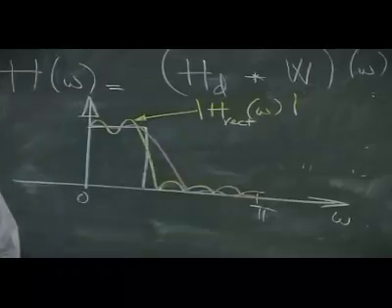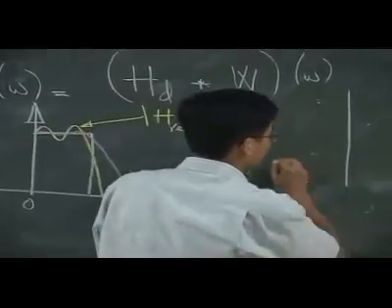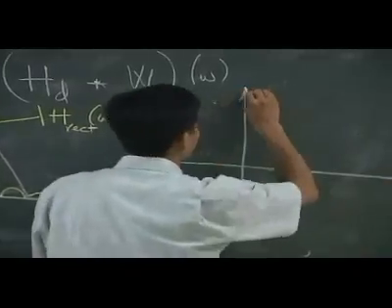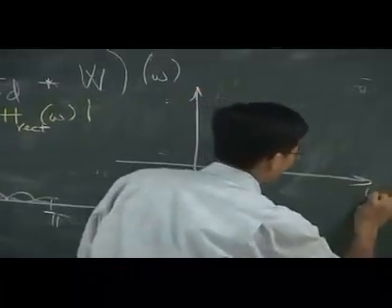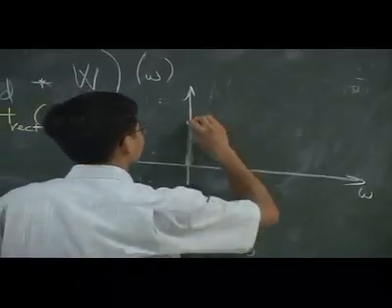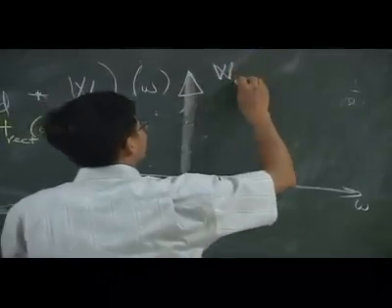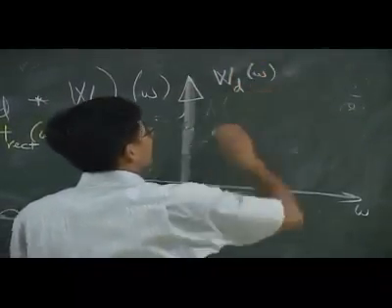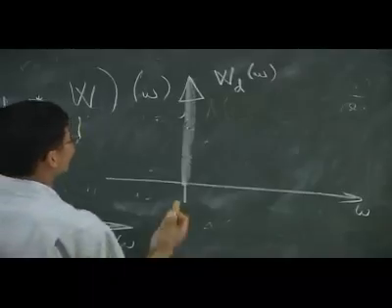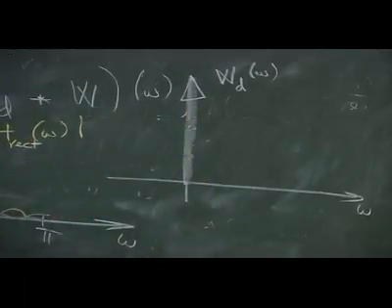Maybe I should draw a figure here. So omega. So that would be the ideal W, right? The one that really concentrates all the energy at the origin. So when you convolve, you get exactly the same amount.